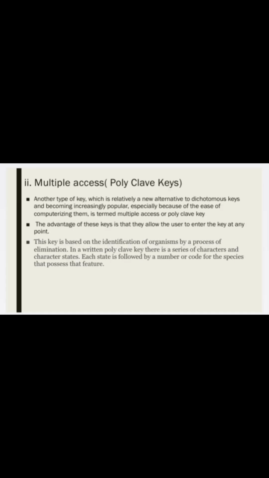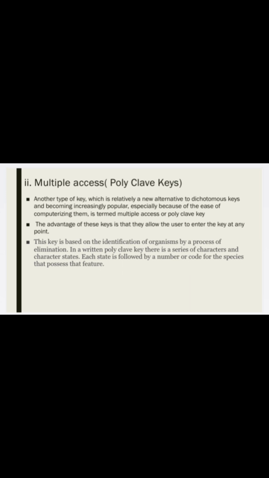Next one, multiple access or polyclave key. Another type of key, which is a relatively new alternative to the dichotomous key and is becoming increasingly popular especially because of the ease of computerizing it, is termed multiple access or polyclave key.